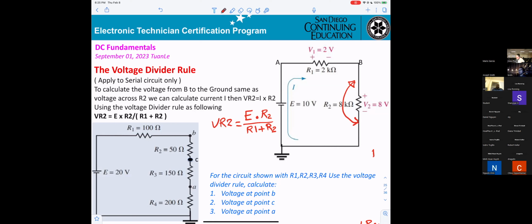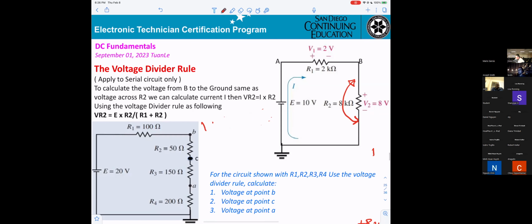And also now, on the example, the second one here, if you're looking at this circuitry, if I want VR3, can you use your pointer?